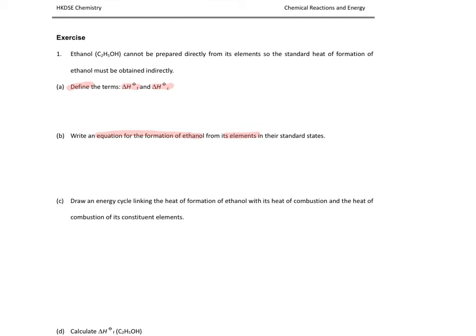In this case, ethanol C2H5OH is a liquid at room temperature, and of course it is formed from carbon in the form of graphite, hydrogen gas, and also oxygen gas.